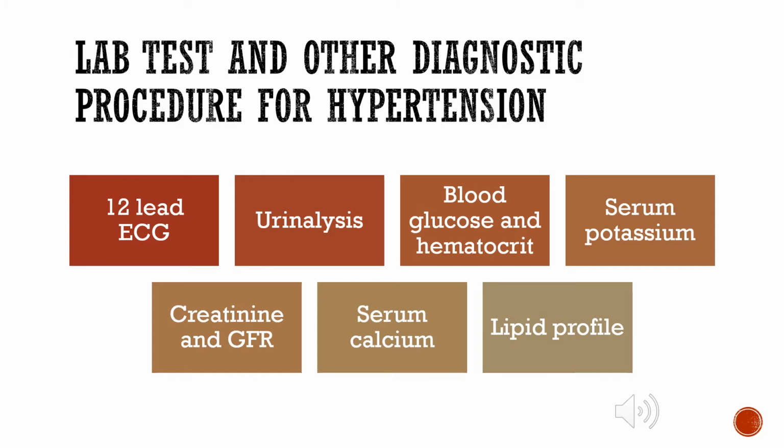We do urine analysis, blood glucose, and hematocrit. Blood glucose to really check if the patient has diabetes. Serum potassium to make sure the kidney is functioning. The same with creatinine and GFR to make sure that the kidney is functioning correctly.